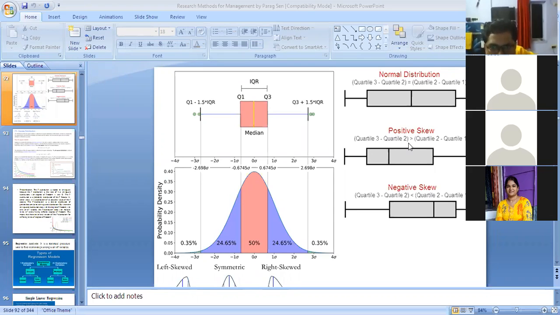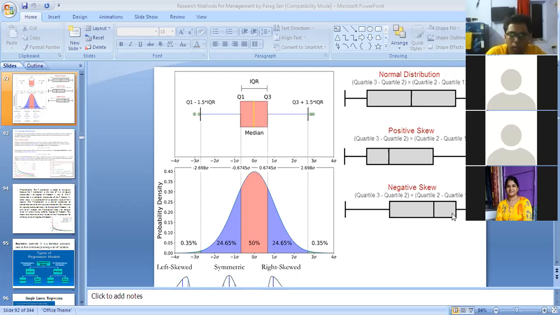Quartile 3 minus quartile 2 is greater than quartile 2 minus quartile 1. And this is the data for negatively skewed. Quartile 3 minus quartile 2 is less than quartile 2 minus quartile 1. So this is negatively skewed.